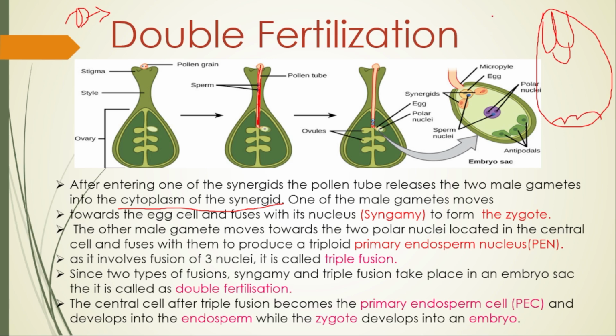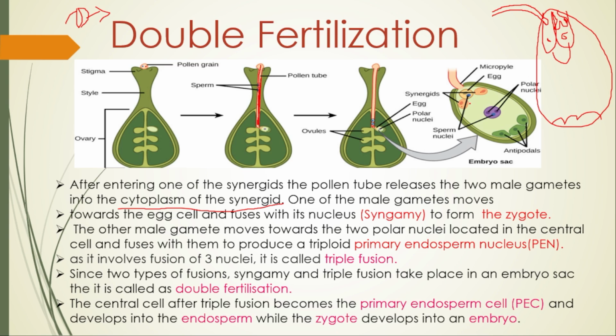Once the pollen tube arrives, it will enter one of the synergids, either this one or this one. By what means? With the help of the filiform apparatus. Do you remember? We discussed that. These are finger-like projections present in the synergids. They attract the pollen tube, so that the pollen tube enters the synergid.